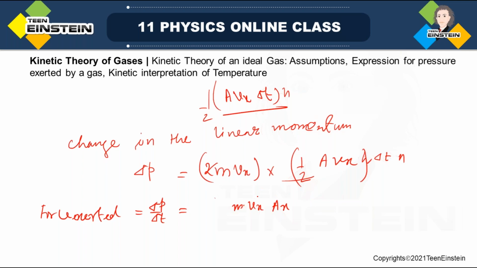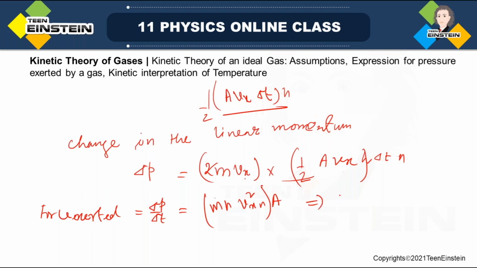Let me write m n, then you have 2 Vx, so Vx squared into A into n here. This would give you the force.